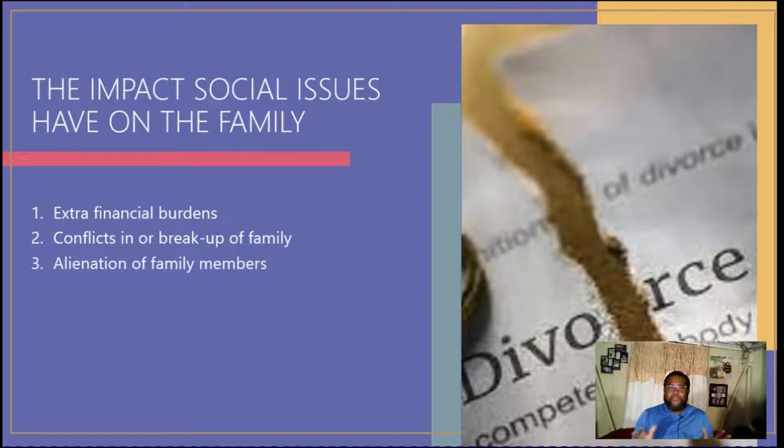Alienation of family members, sometimes because a child or a father or mother gets on drugs, they become alienated in a certain sense because the family is trying to protect the rest of the family, and sometimes it brings shame on the family, and because of that, isolation and alienation take place.